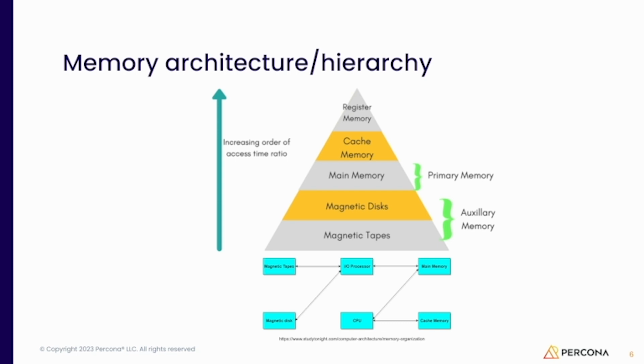So if we write an application that works with too much data, or data that can't fit in the cache, the CPU is going to start accessing main memory too frequently, and then we start to have a slowdown in the application. And it can be even worse. If it doesn't fit in memory, it goes to the hard drive.